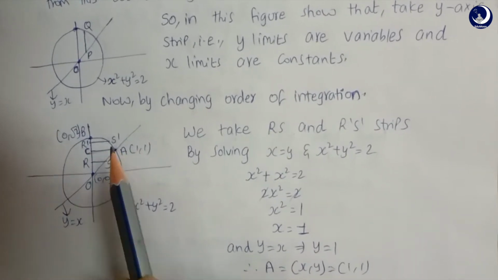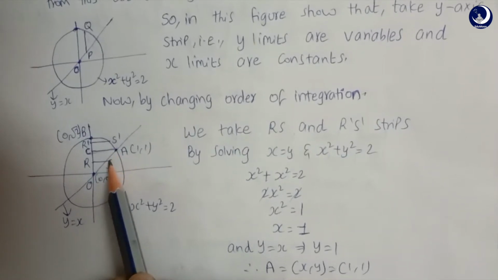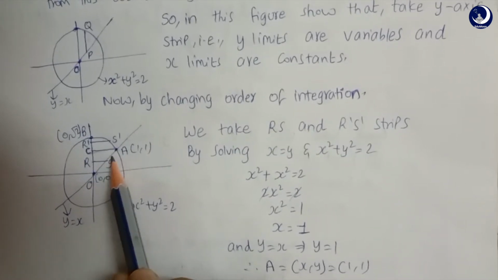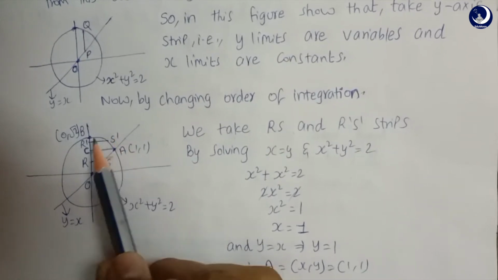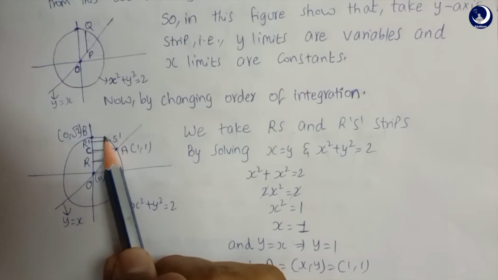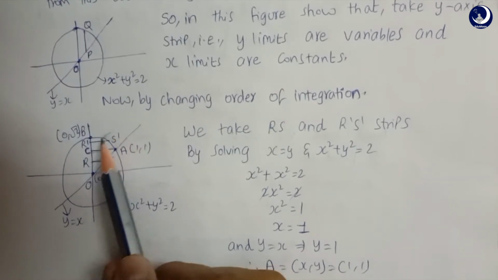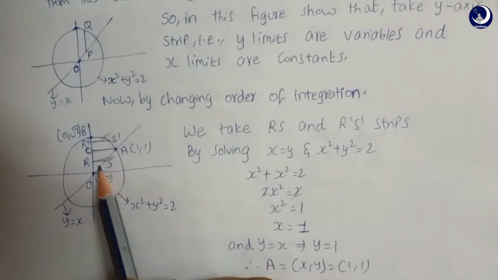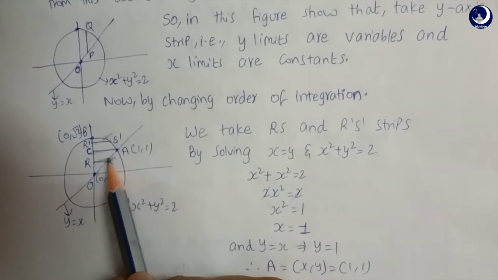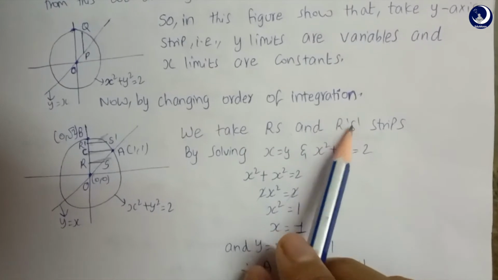This is A. Now in the down region I took the initial strip for the y equal to x line as RS, and the initial strip for x square plus y square equal to 2 as R dash S dash. So this is required for the circle, this is required for the line y equal to x. We take RS and R dash S dash strips.